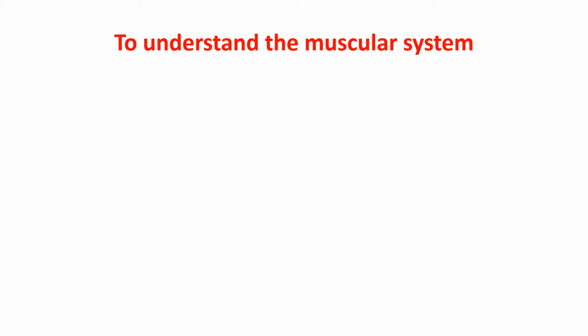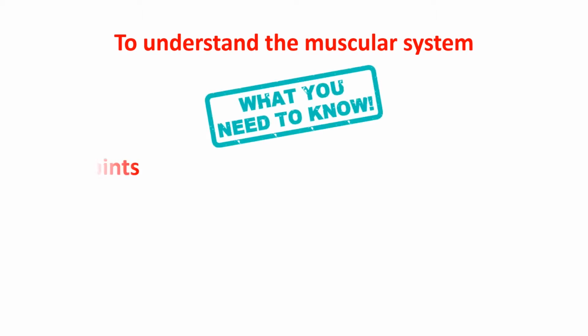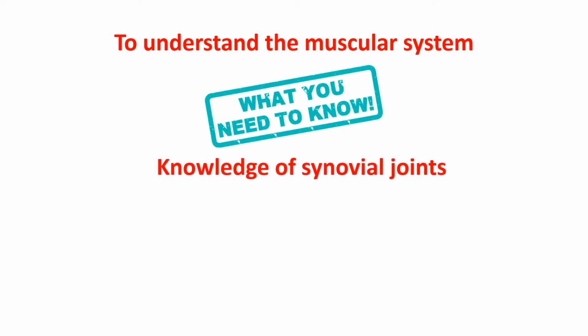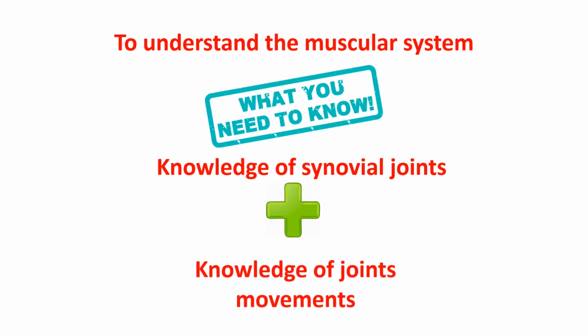In order to understand the muscular system and its actions, we need very good knowledge of synovial joints, the most movable joints in the body. What else do we need to know? We need to know each joint, what does it do?